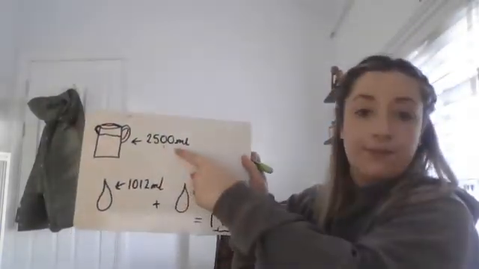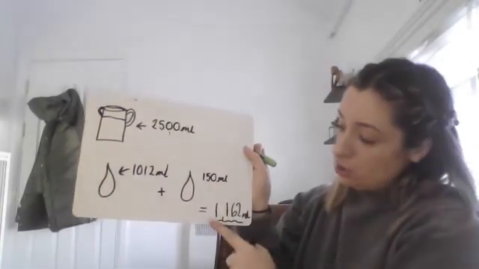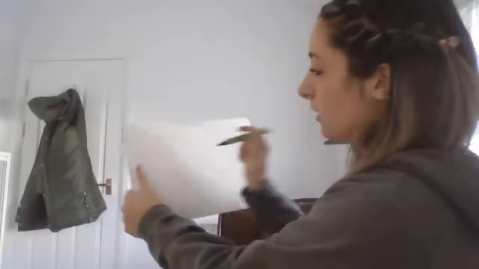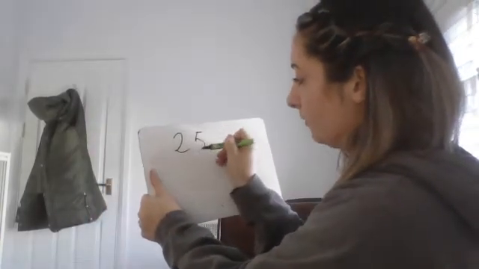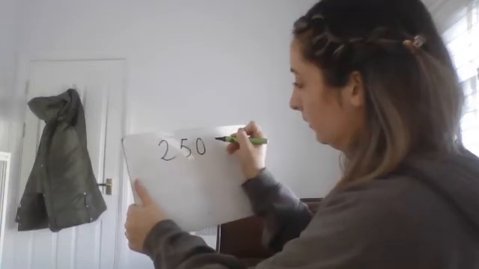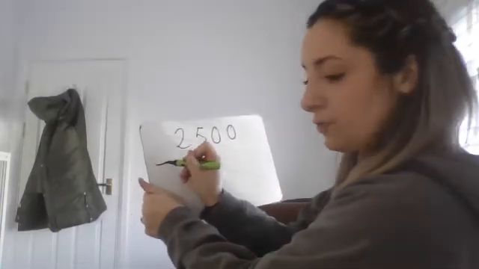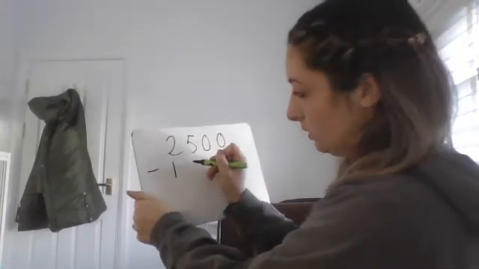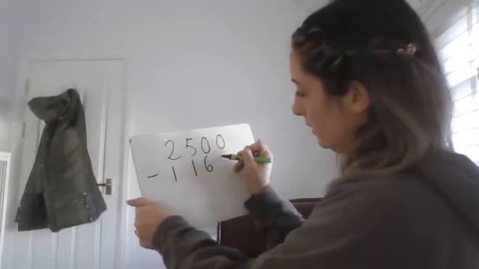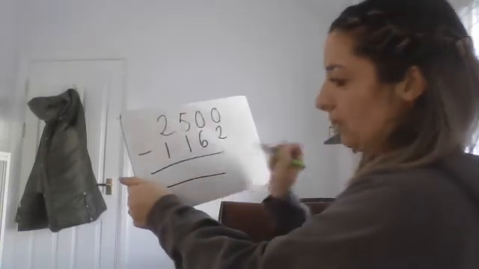So I've got 2,500 millilitres subtract 1,162. Let's do that on the whiteboard again. So you've got 2,500 and you're going to subtract 1,162 and equals sign.